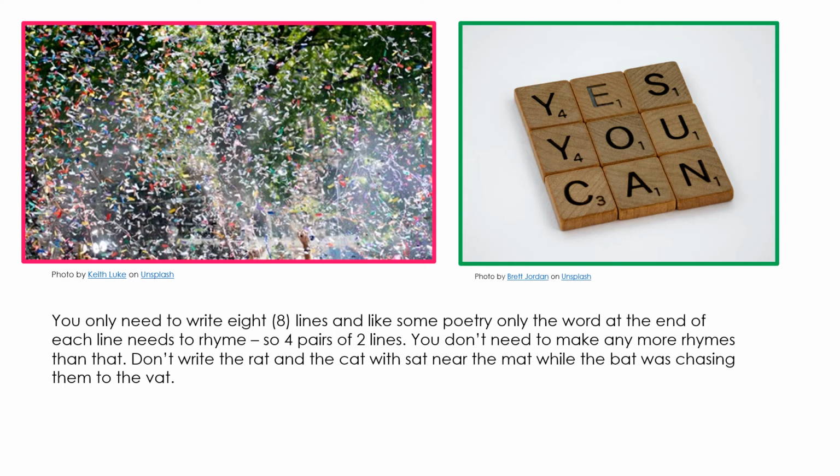Don't write the rat and the cat that sat near the mat while the bat was chasing them to the vat. We're not doing that. We're just rhyming the last words in each line. And I've written an example for you, and I did this seriously in about 6 minutes.